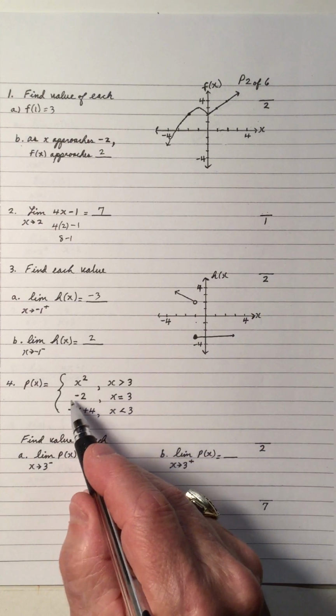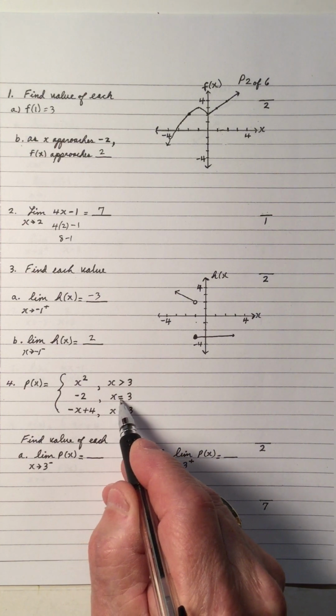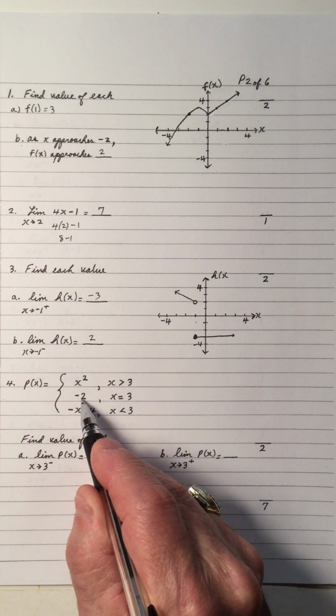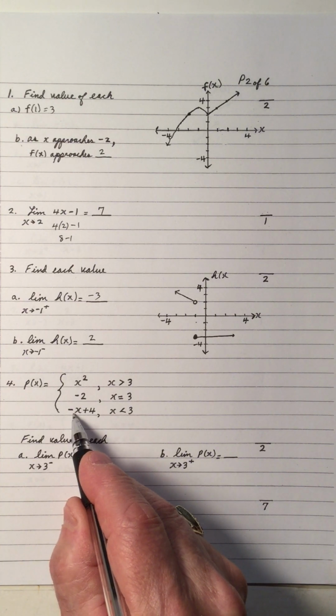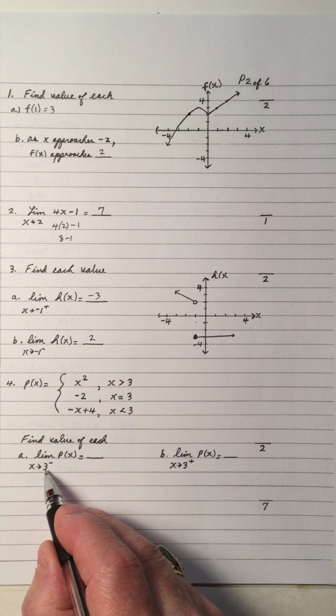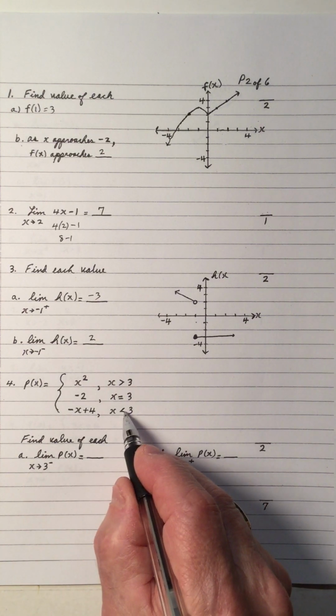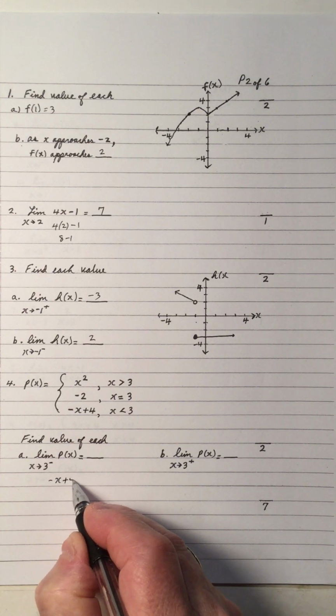Now we have a piecewise function: x squared when x is greater than 3, when x is equal to 3 it's negative 2, and when x is less than 3, we have negative x plus 4. So the limit of p of x as x approaches 3 on the left side. The left side is less than 3, so we use negative x plus 4.